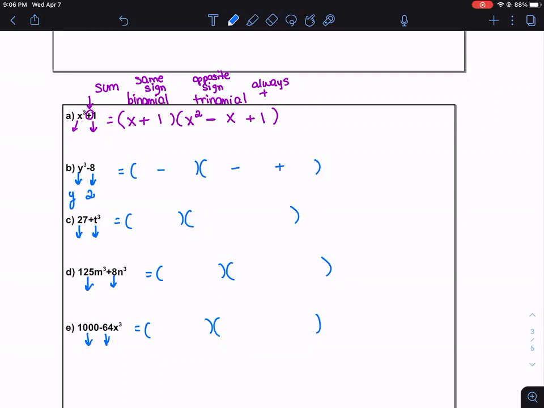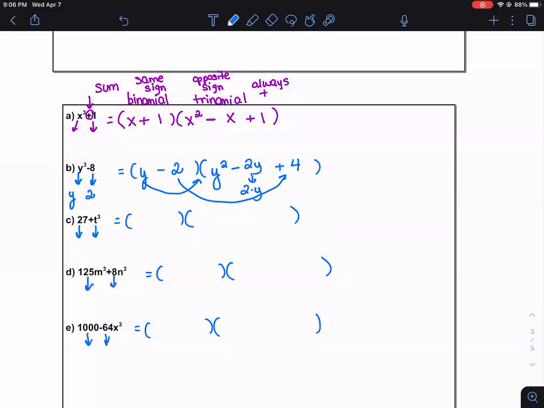Okay, so we're going to have y and 2 go in the binomial. Their product goes in the middle of the trinomial. Y squared, so this value gets squared and goes here. This value gets squared and goes here. So these should be your factors, y minus 2 and y squared minus 2y plus 4.